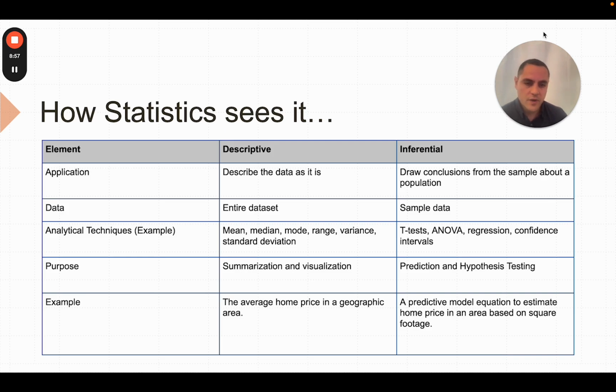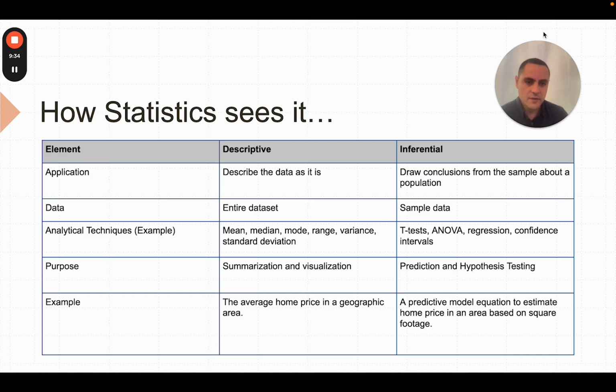With inferential, we're trying to draw conclusions from a sample about a population. In that setting, we're often using sample data, and we would use various statistical approaches, including a t-test, for example, in which we're evaluating whether an average value for one group is statistically significantly different than another group.